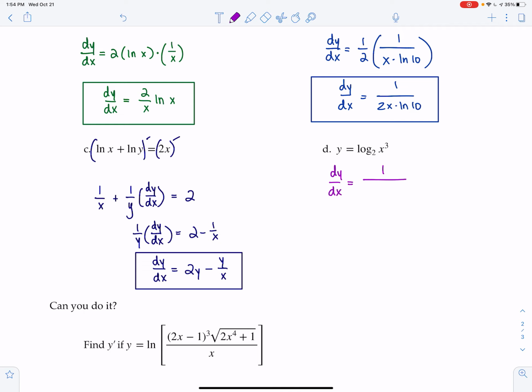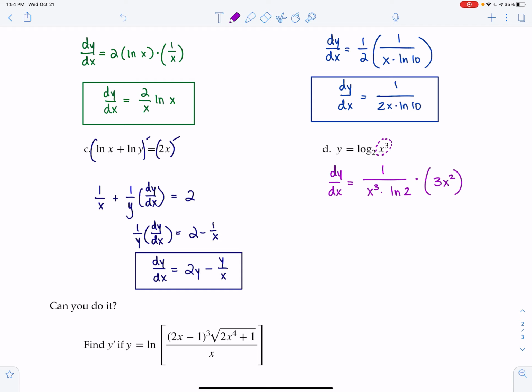Now, normally we would say x times the natural log of 2, but we're not just taking the log of x, we are taking the log of x cubed. So I need to take that times the natural log of 2, and then chain rule, take the derivative of x to the third, which is 3x squared.